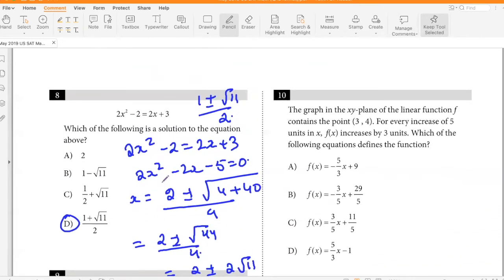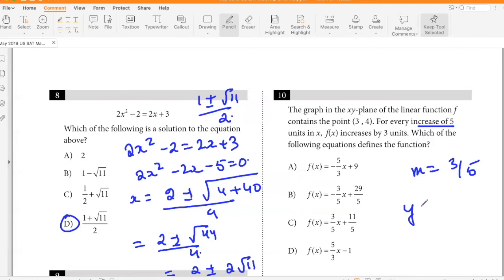The graph in the xy plane of the linear function contains the point (3, 4). For every increase of 5 units in x, f(x) increases by 3 units. Which of the following equations defines the function? So the slope is given as 3 by 5 because for every increase of 5 units in x, f(x) increases by 3 units.